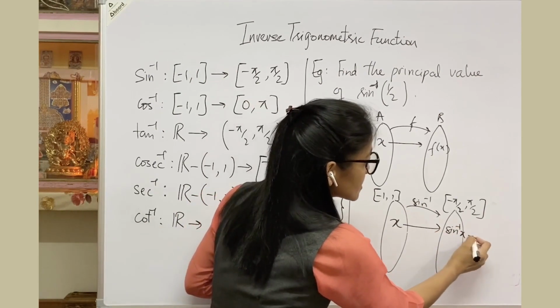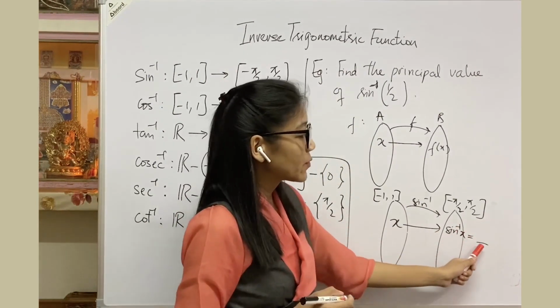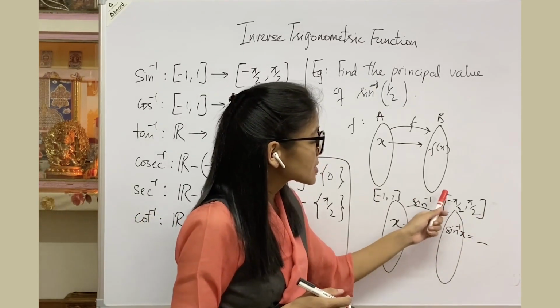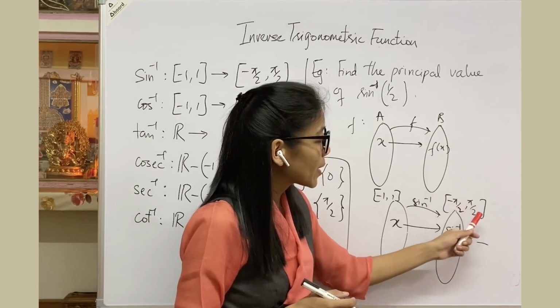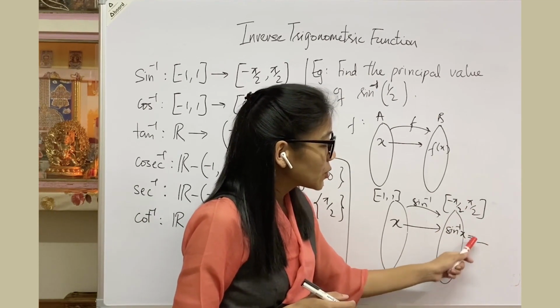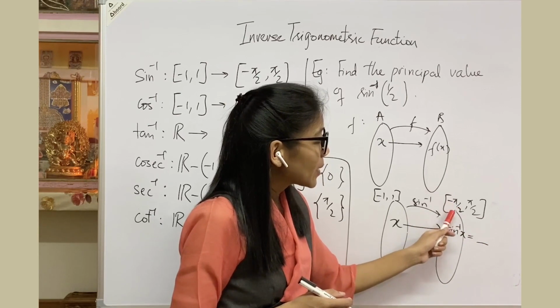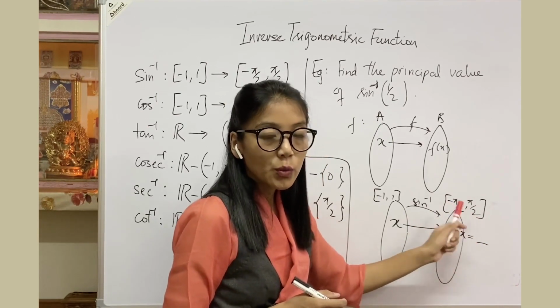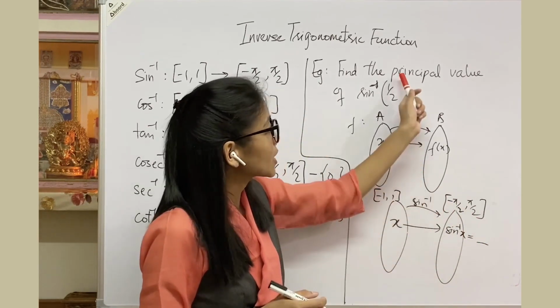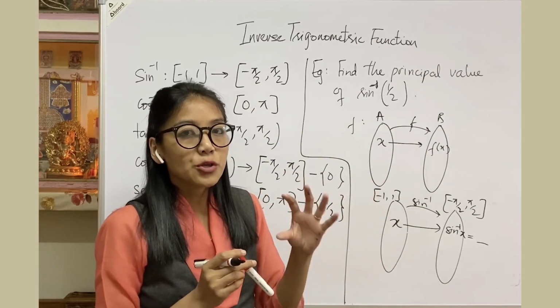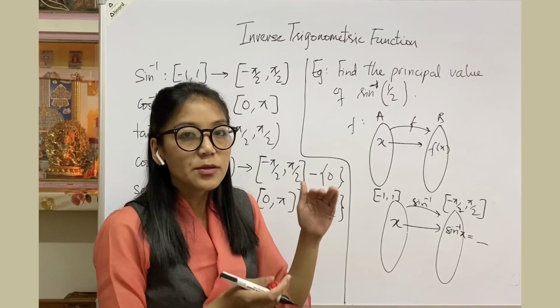So you will get a certain value for this sine inverse of x. Since my principal branch is closed interval -pi/2 to pi/2, whatever value you get here will always be between -pi/2 and +pi/2, which is called the principal value. Principal value means that value of the inverse trigonometric function which lies in the principal branch.